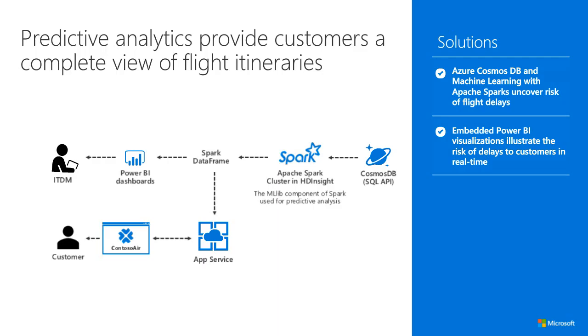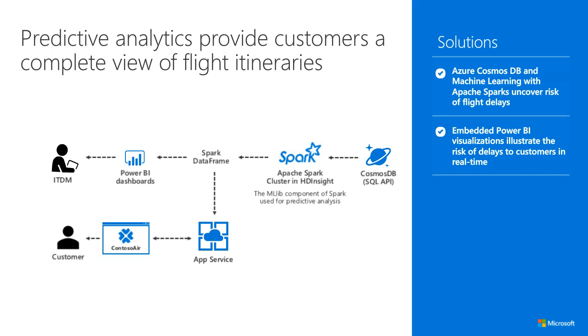And so a simple architecture, how you might imagine doing this, is you have Cosmos DB as your main database, your real-time database, and you can hook that up to Apache Spark. And Apache Spark can run different ML jobs to predict whether flights will be delayed or not.